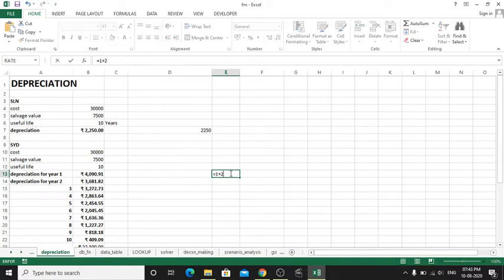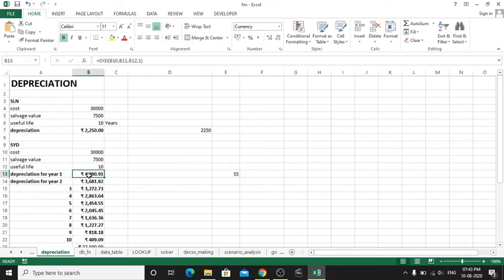So 1 plus 2 plus 3 plus 4 plus 5 plus 6 plus 7 plus 8 plus 9 plus 10, so it is 55. Since I already said that SYD is calculated using the sum of years digit method, we need the sum of years, which is 1 plus 2 till 10, and it is 55. Okay. So let's see the calculation now.